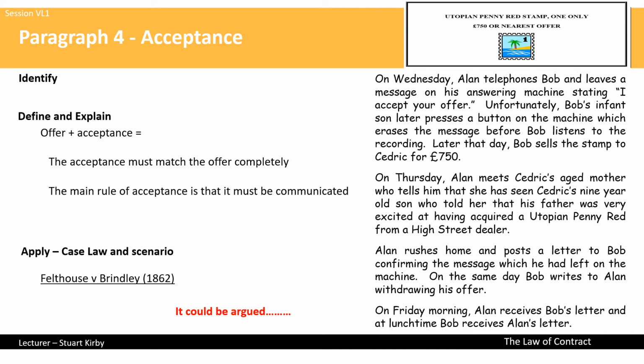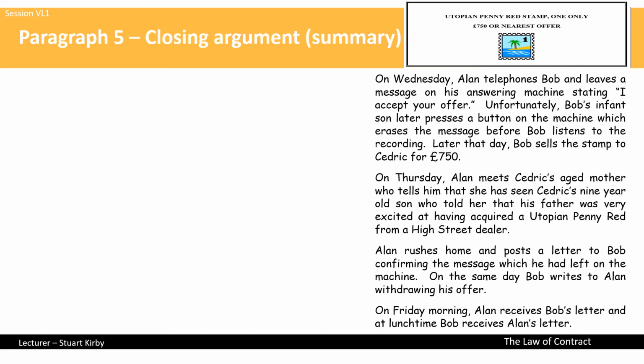So you're arguing now from the other standpoint, from Alan's point of view, and this is what's good, because you're showing the reader that you're developing your understanding of the scenario, and you're applying offer, acceptance, invitation to treat. You're demonstrating your knowledge and understanding of this, and that's great. You've covered those things in the first 4 paragraphs, and then finally paragraph 5, your closing argument, your summary if you like.